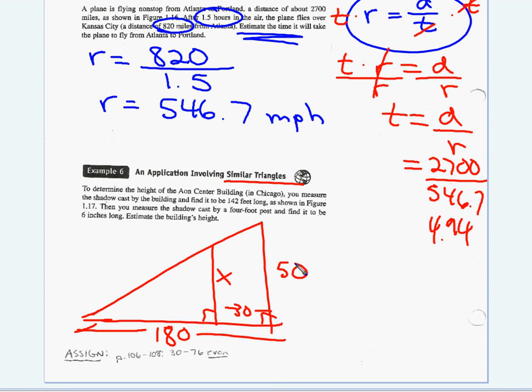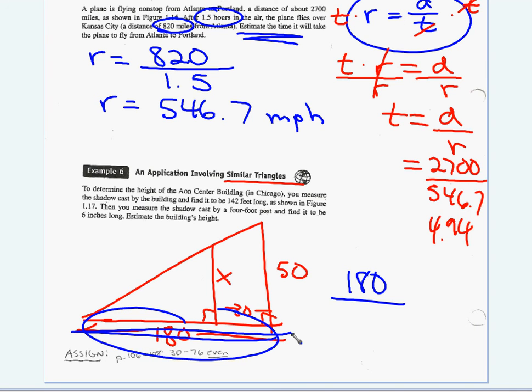I can set up a similar triangles proportion. I can say that 180, that's the big length, is to, now if this is 30, then this thing in here has to be 150. 180 is to 150.